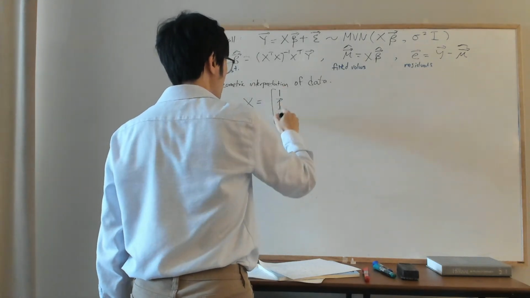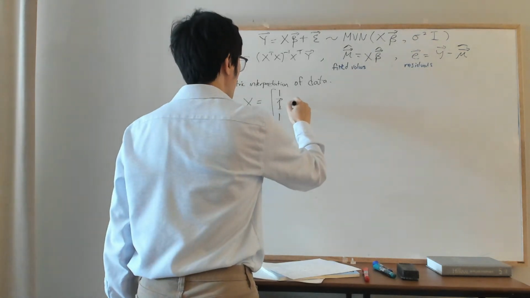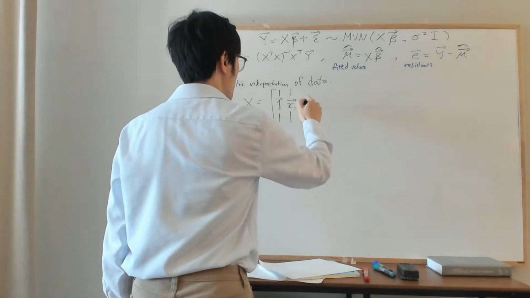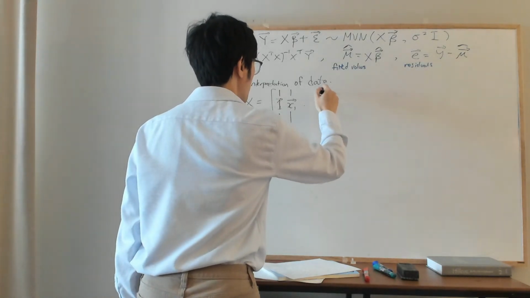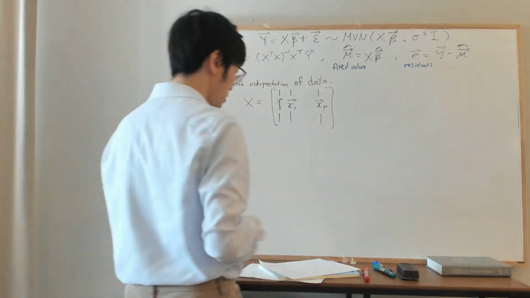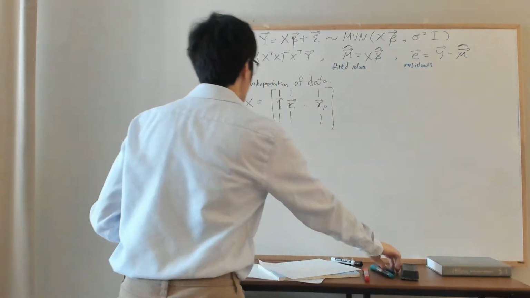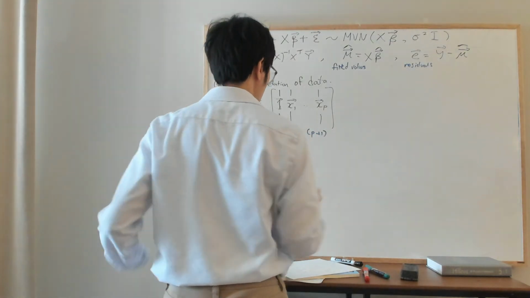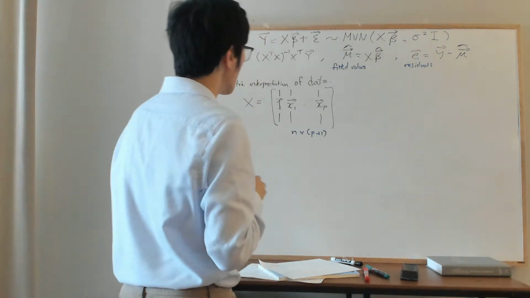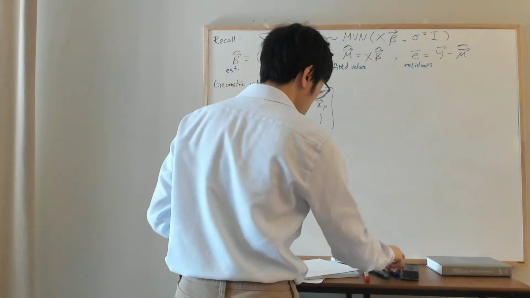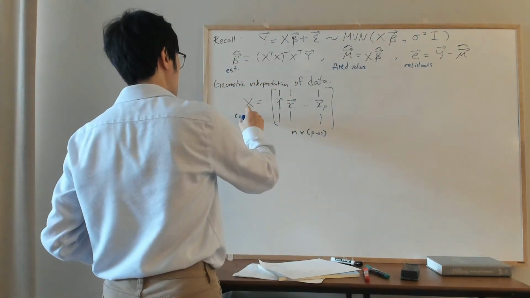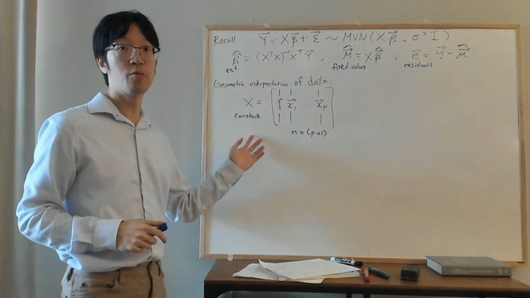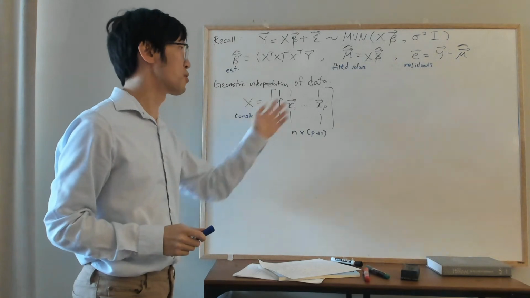So we have a vector of ones, then the first predictor, x1, up to xp. Remember, we assume we have n observations, so this is an n by p plus 1 matrix. This is a vector of constants, and this is the information we have for which to fit a model for y.